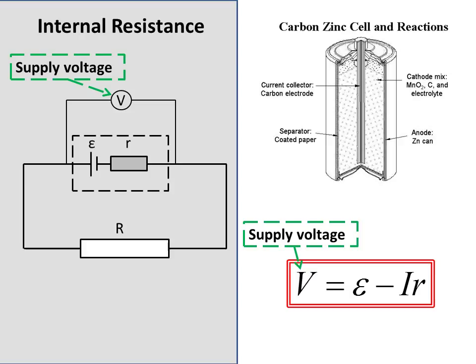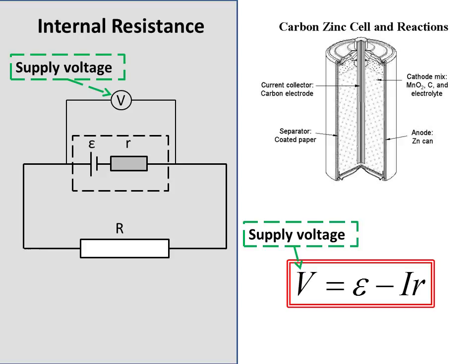We also get, because of that, what's called a supply voltage. Now, the supply voltage is actually the voltage that is measured from the terminals, that is the positive and the negative terminals on the outside of our cell. And notice that our supply voltage here on the circuit diagram is measured by the voltmeter touching on the outside of this dotted rectangular box that represents the cell, and if we were to measure it on this cell here, it would be from the positive terminal at the top and the negative terminal at the bottom.